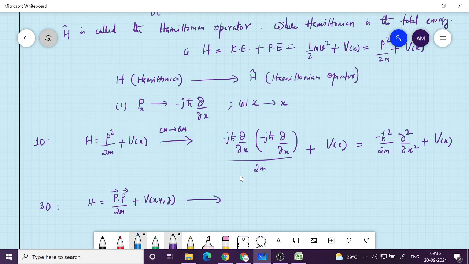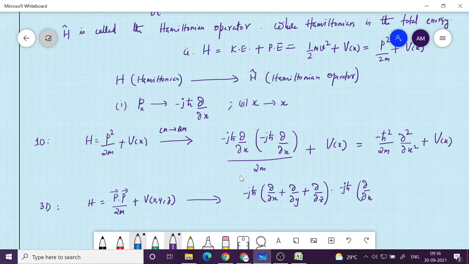So this will be transformed like so p dot p, p will be transformed like minus j h bar, then ∂/∂x plus ∂/∂y plus ∂/∂z, dot with again minus j h bar. Okay, since it is a vector, you will have components here.